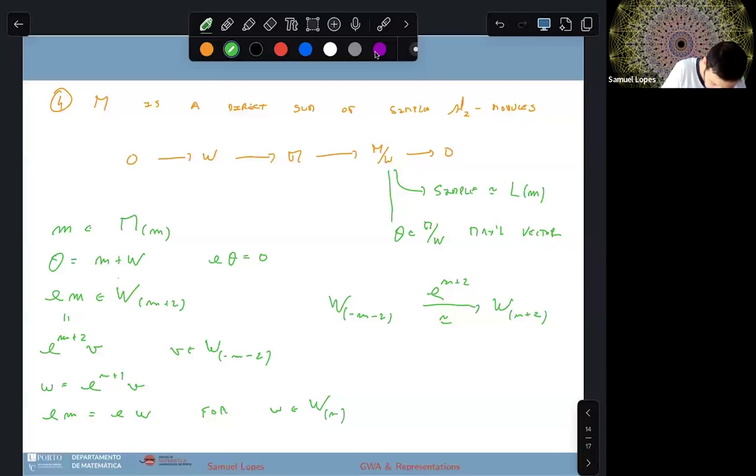Okay, so this tells me that if I look at the difference between the two, let's call this element v0 is equal to m minus w.